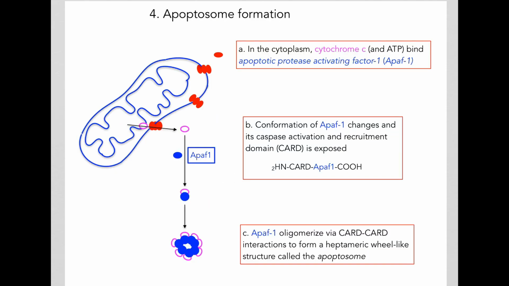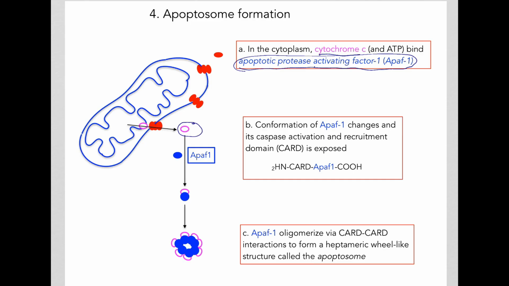Now, in the next step, the cytochrome C that has been released due to MOMP, as well as ATP, will bind another protein called apoptotic protease activating factor 1, or APAF1.